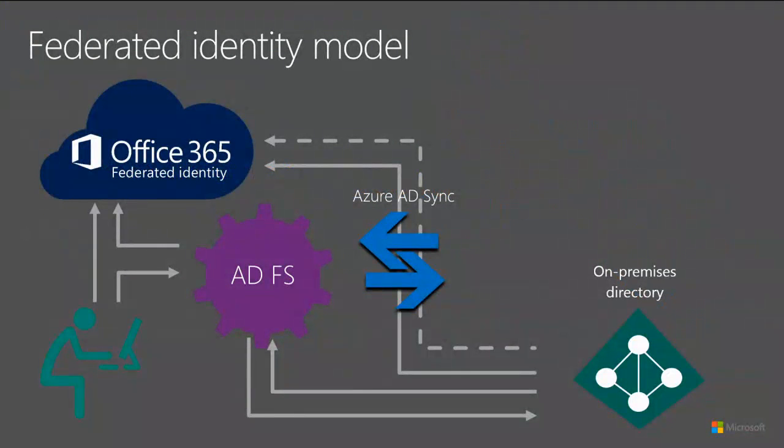When we look at our federated identity model, there is a little more flexibility with how you do your authentication. Once again, our user here on the left is accessing information up in Office 365. Those accounts are up in Office 365 because we implement Azure AD Sync, synchronizing the user accounts up to the cloud, so they're present in Azure Active Directory.